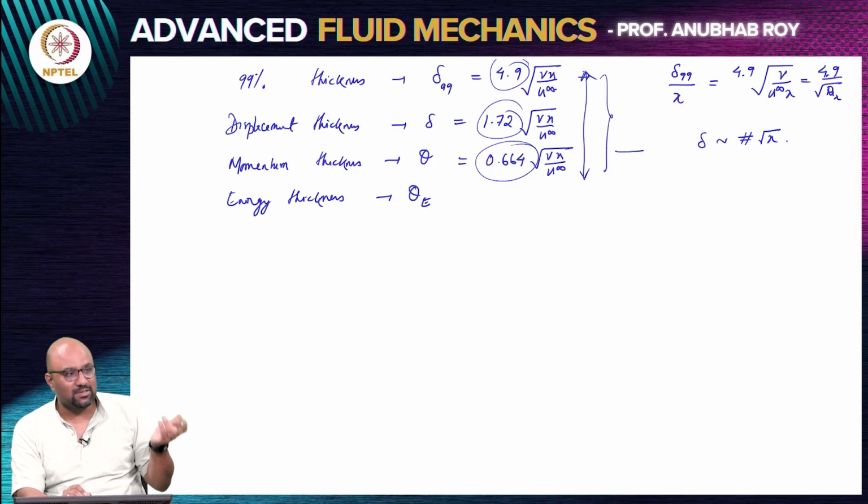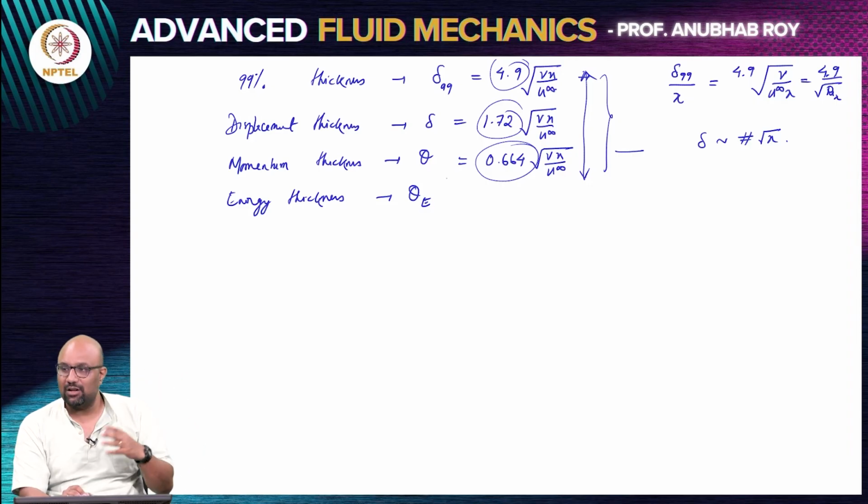The 99% criterion is based on an actual value of velocity matching the free stream. Displacement thickness is in terms of the displacement of the streamline. Momentum thickness is in terms of the deficit of momentum caused by the resistance offered by the surface. So, all of them are different interpretations of the same thing.